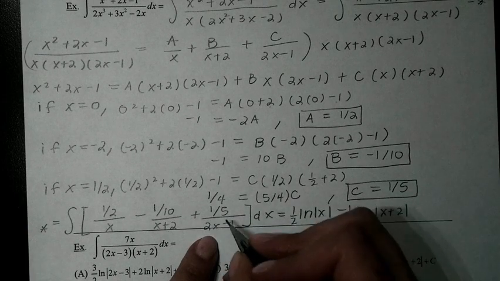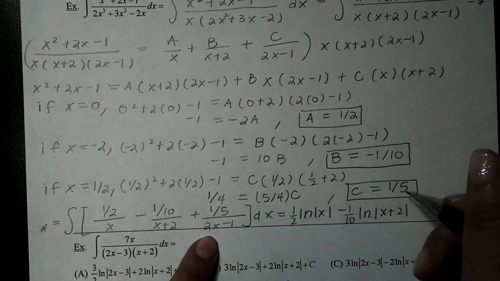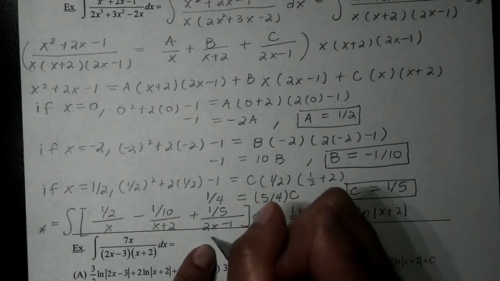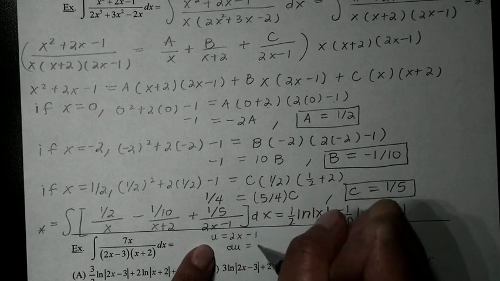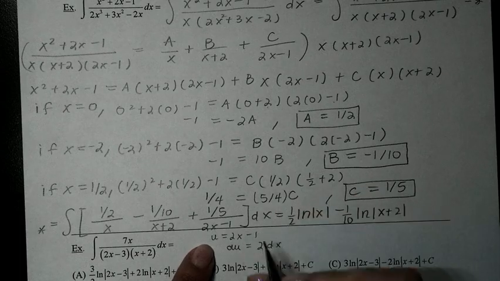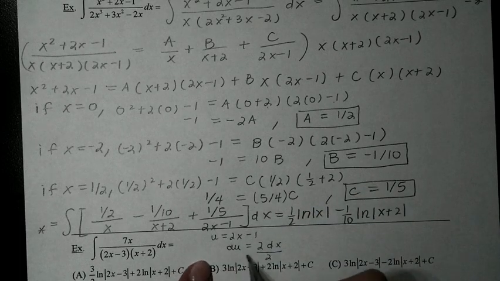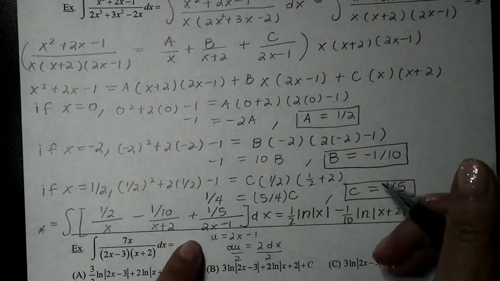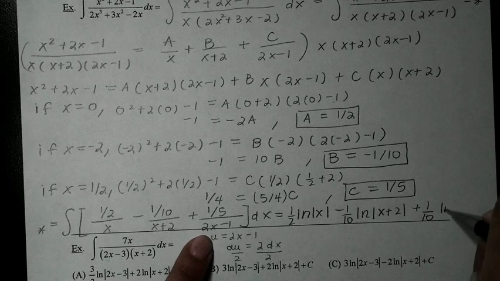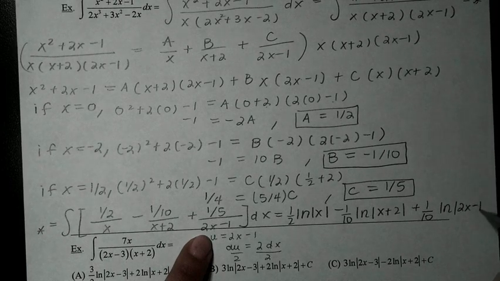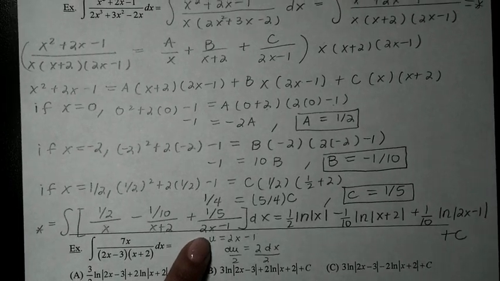So you need to multiply 1/5 times 1/2 because you have u is 2x minus 1, the du is going to be 2dx. Do you see it? I don't have the 2, so you need that half. So it's going to be 1/5 times 1/2, which is 1/10 natural log of absolute value of 2x minus 1, and then your plus c, and we're done.